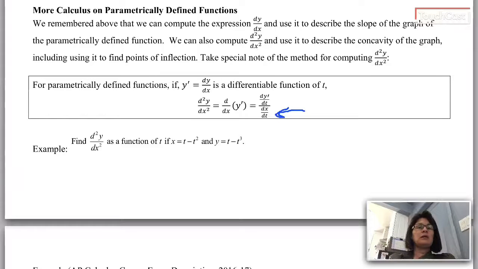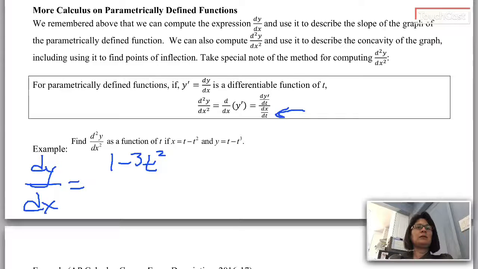Okay, so find the second derivative of y with respect to x, a function that could tell you about the concavity or the points of inflection of the path of this curve, as a function of t, if x is t minus t squared and y is t minus t cubed. So my first step is to find dy/dx, which is dy/dt divided by dx/dt. Well, dy/dt is 1 minus 3t squared, and dx/dt is 1 minus 2t.